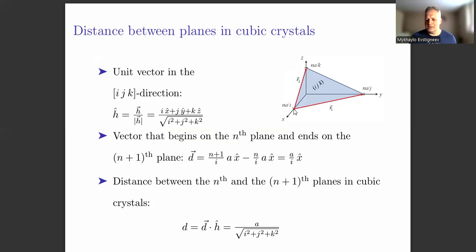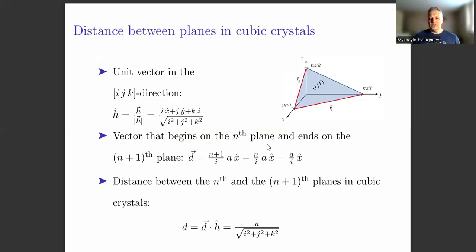We can start on the y-axis, at na over j, and end on the z-axis, at n plus 1, a over k. The result will be the same. So the simplest choice: start here on the x-axis and end here at n plus 1, a over i on the x-axis as well. So here is this vector.